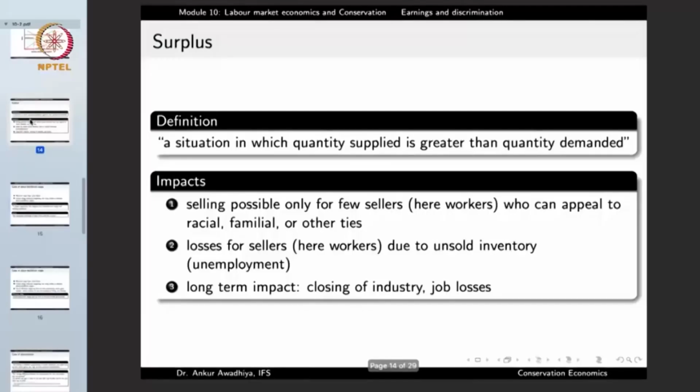So the actions of the government may tinker or modulate the results of the neoclassical theory of distribution. And in these cases, we can have a surplus, a situation in which the quantity supplied is greater than the quantity demanded. Impacts: selling is possible only for a few sellers, in this case workers, who can appeal to racial, familial, or other ties.